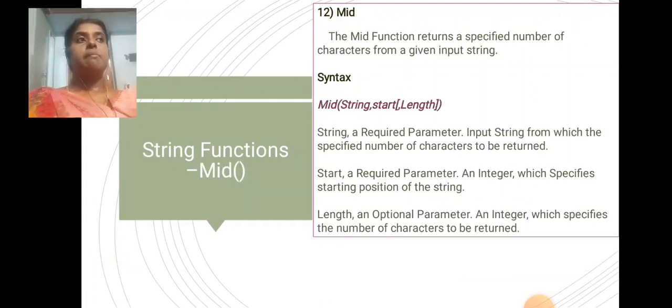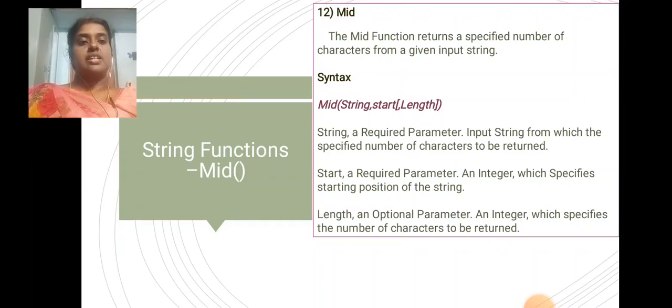Next method is the mid function method. The mid function will return a specified number of characters from the given input string. It is used to retrieve the certain number of characters you would like to take from your given string. It will take 3 arguments. First 2 are required parameters, the last one is an optional parameter.